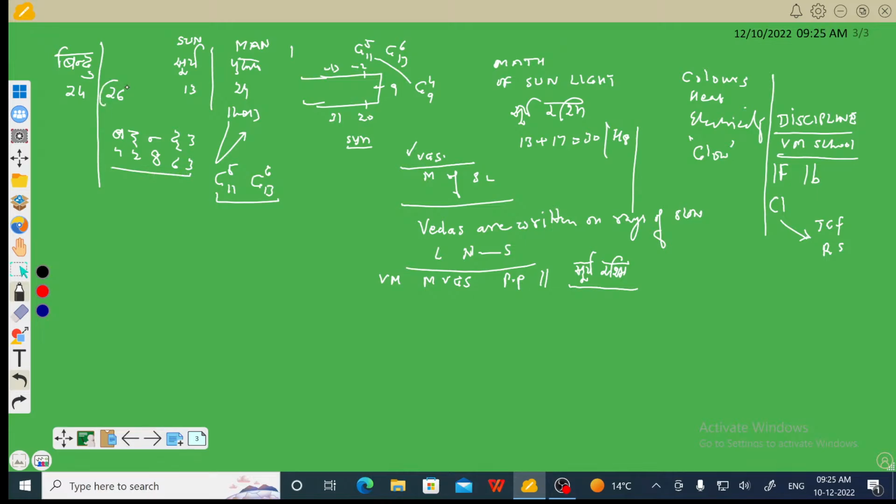Now it is this reach from 24 to 26, and 26 is Devta. 24 is Purush, and 22 is Dev.